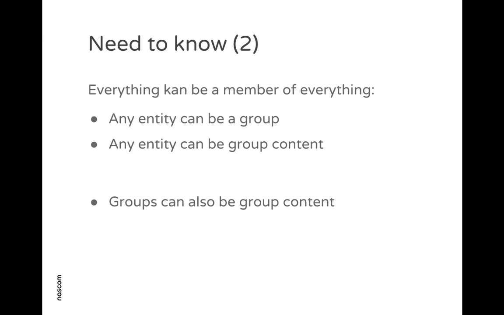Now with the entity system in Drupal 7, and I have no idea what's going to happen with Drupal 8 now, anything can be defined as a group, and anything can be defined as group content. This also makes it possible to have groups act as group content.